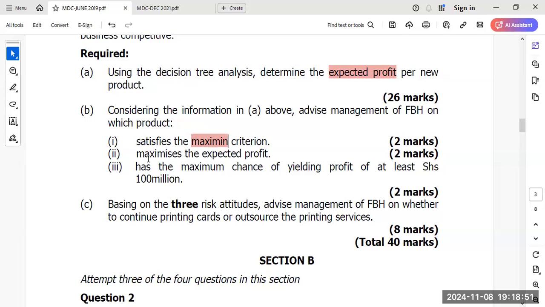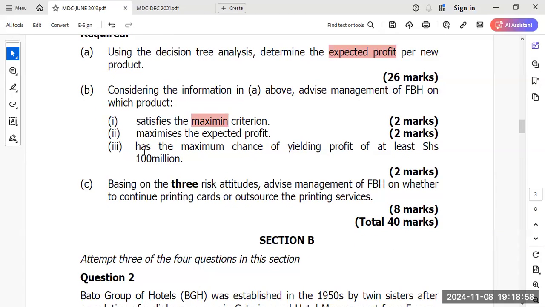Then Roman 2, which product maximizes the expected profit. Then lastly, which product has the maximum chance of yielding a profit of at least shillings 100 million. All this can be answered when you have actually tackled part A. So it means that now when you have just gambled on part A, it is very hard to pass.